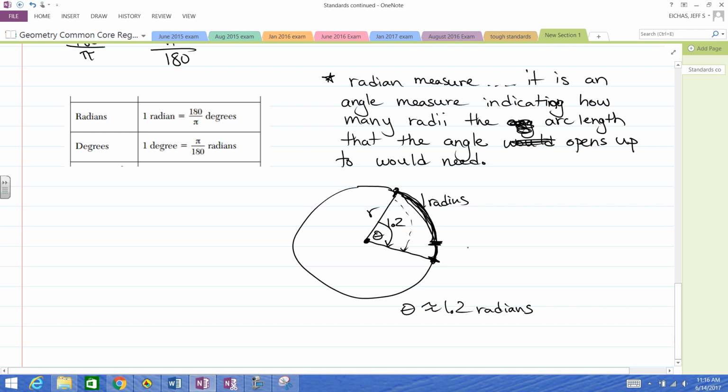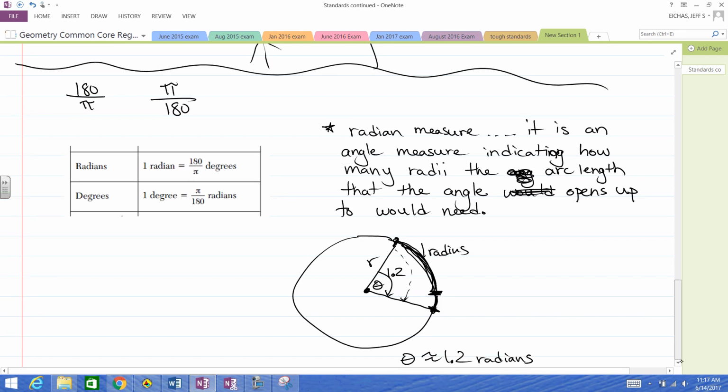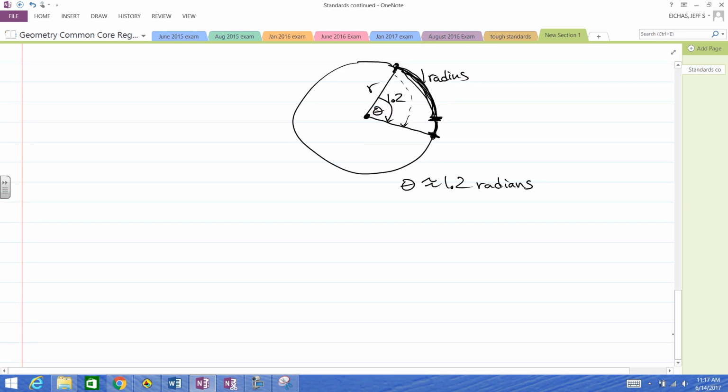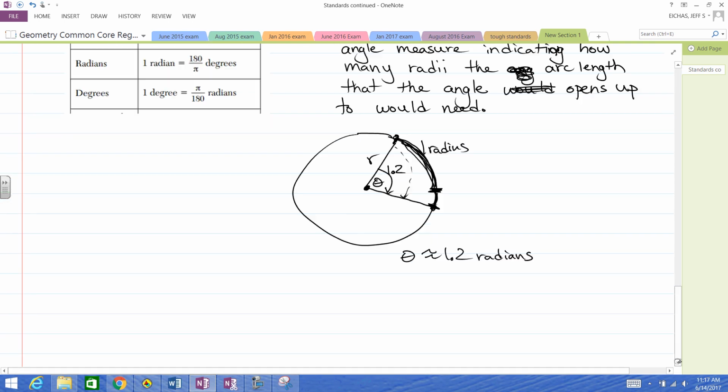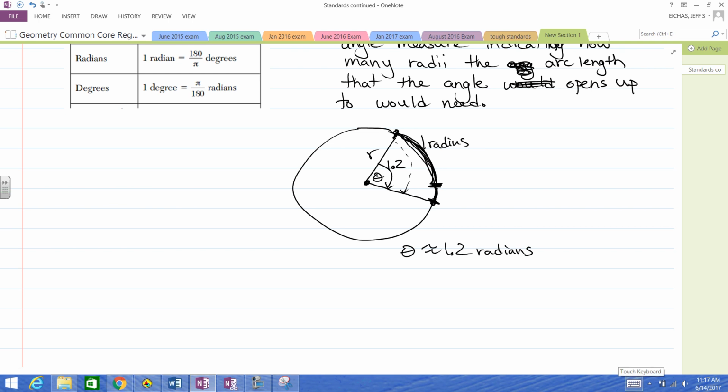It's uncomfortable. You're used to degrees. If you estimated this, you'd probably right away tell me it's about 70 degrees, and I'd say, yeah, that's pretty close. But we just don't understand that that's about 1.2 radians. It's something that you just need experience with, and you'll be fine once you do. So that's what radian measure is.